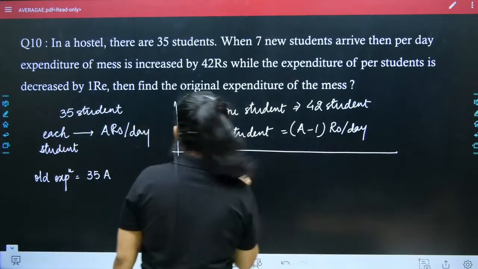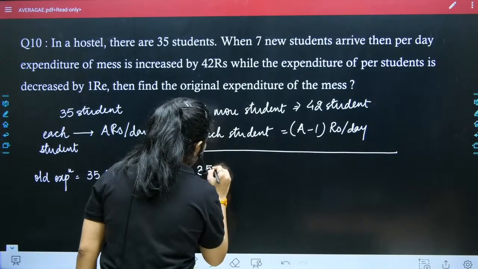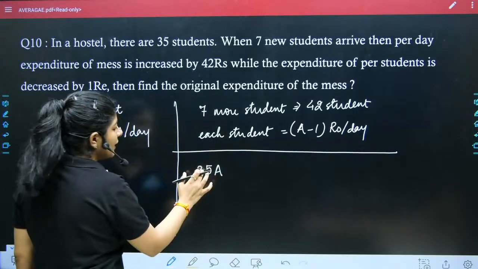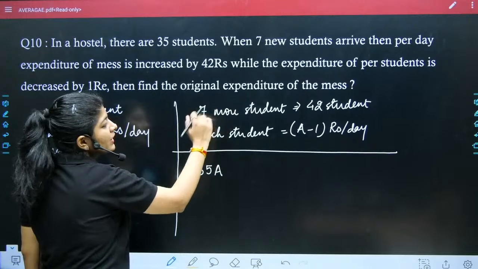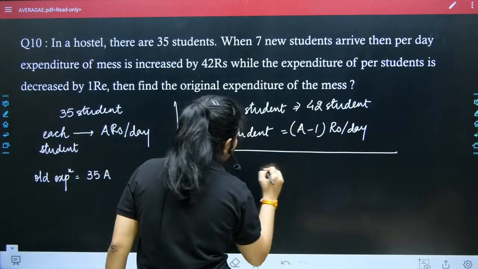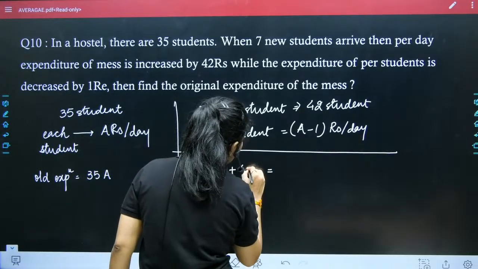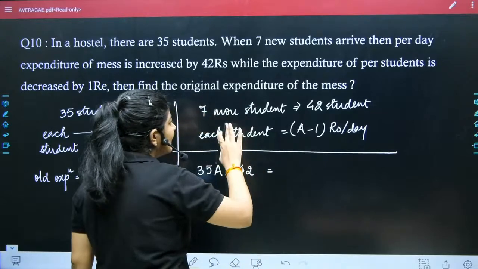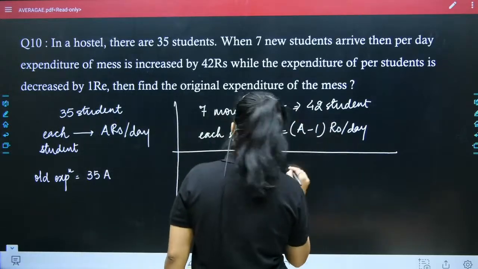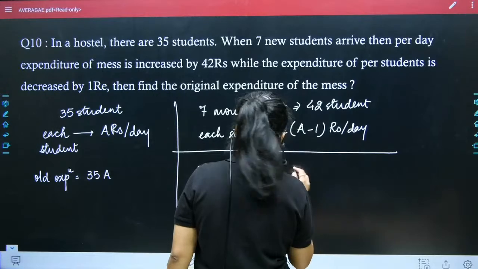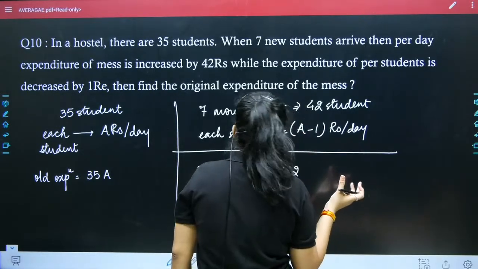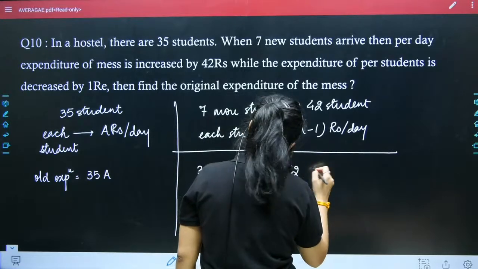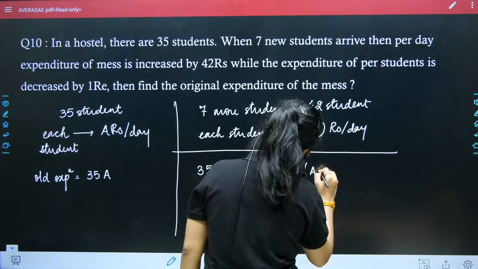From this we can say that the old expenditure of mess is equal to this. When these 7 more students arrived, the expenditure of mess is increased by 42 rupees, so the expenditure of mess will become this now.